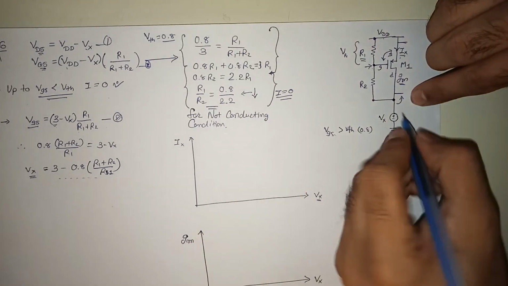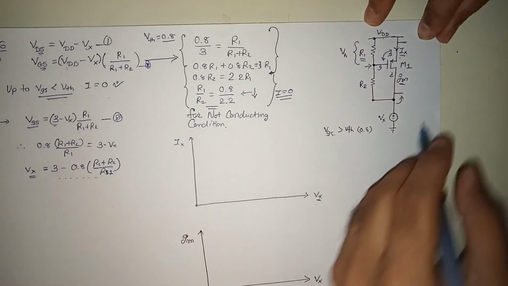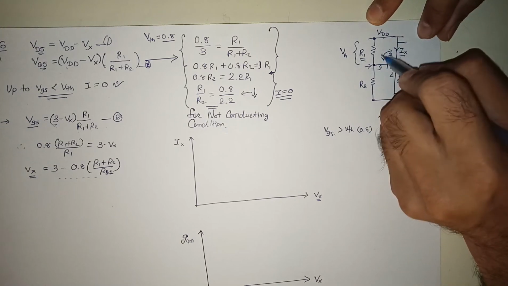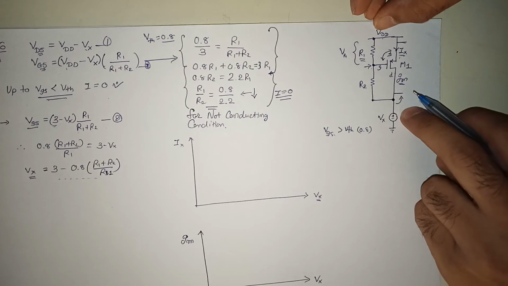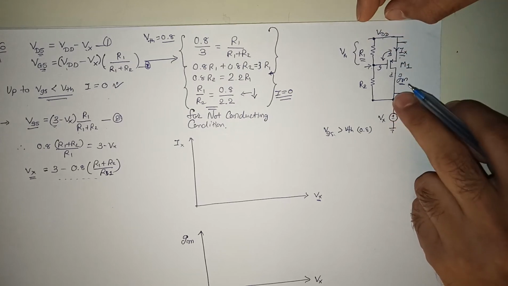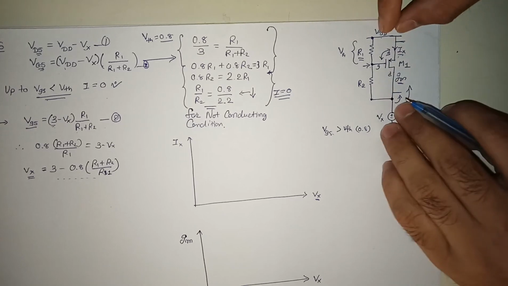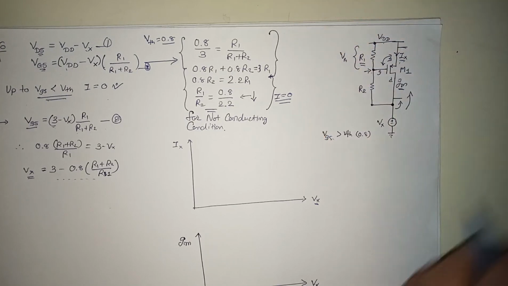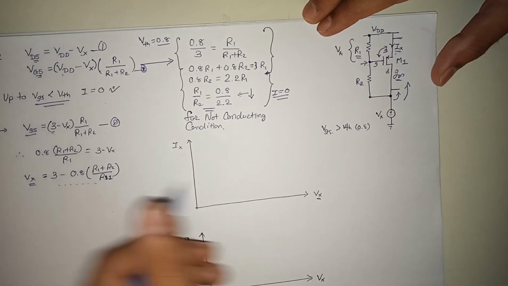If VX is higher than this value, what will happen? This drop will be lower, because the potential difference between VDD and VX will be lower as VX is higher. If VX goes up, this difference will become less. So higher than this, the current is 0.